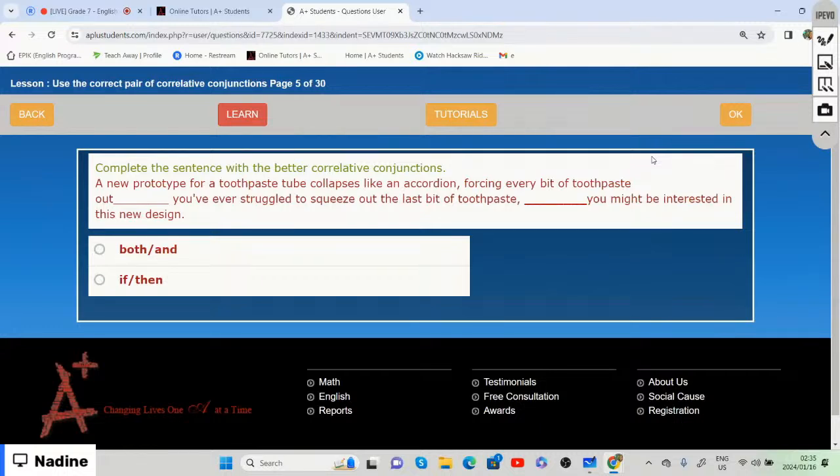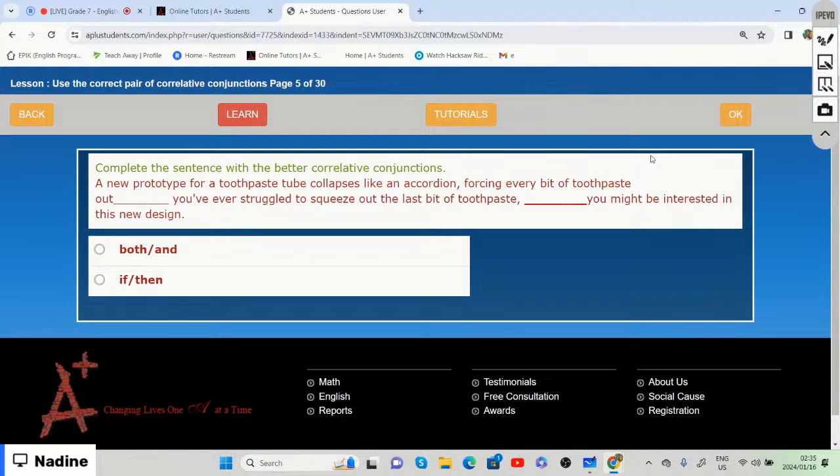A new prototype for a toothbrush tube collapses like an accordion, forcing every bit of toothpaste out. So do we say both you struggled to squeeze out the last bit of toothpaste and you might be interested in this new design?